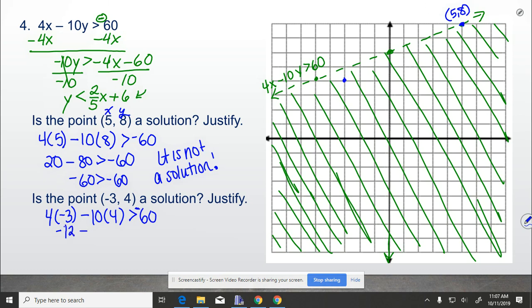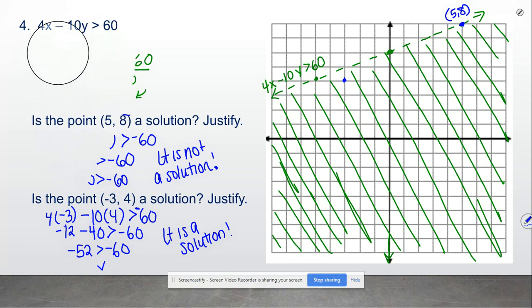Negative 12 minus 40 should be greater than negative 60. And that's negative 52 should be greater than negative 60. And it is, so it is a solution. Okay, so you can prove it's a solution by stating that it's in the solution set in the graph or justifying that it works in the equation.